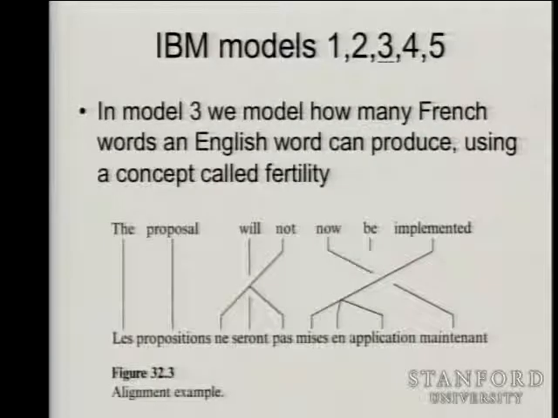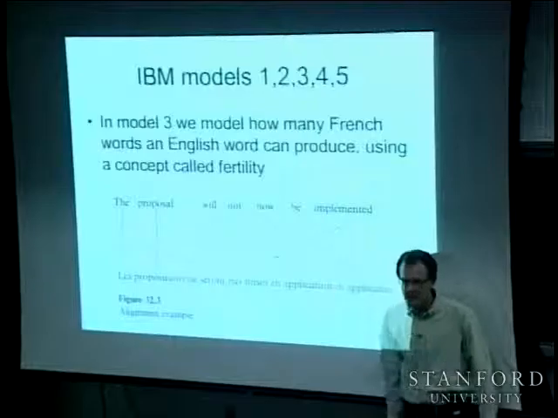Okay, so if we go on to Model 3, the big idea that we want to capture here is this: when we're doing these word alignments, we were just going through each position, and we have an alignment variable that gives the source for that position.